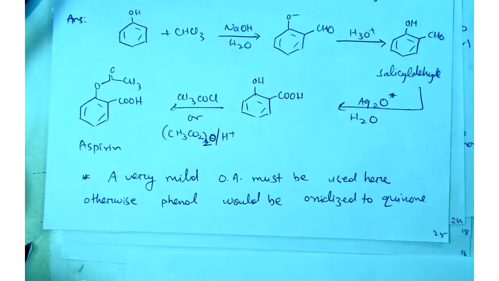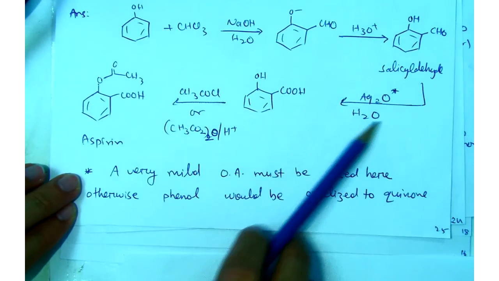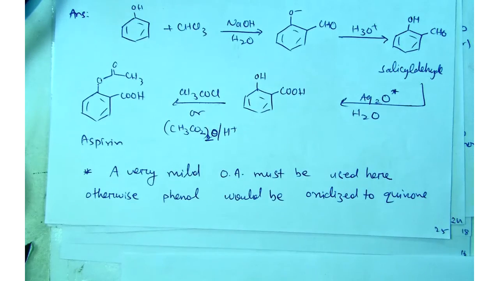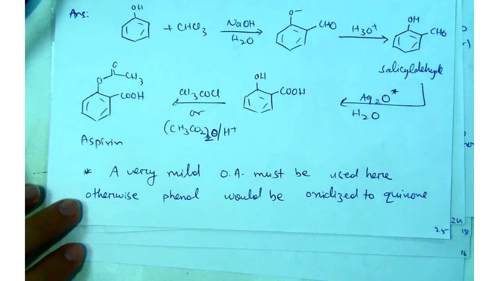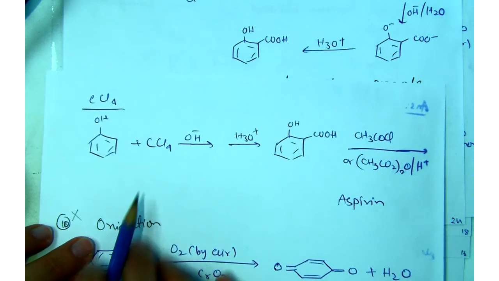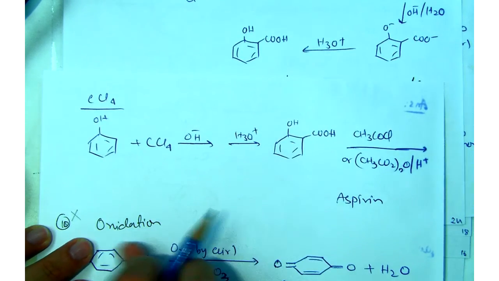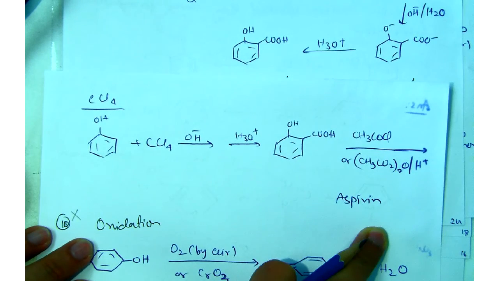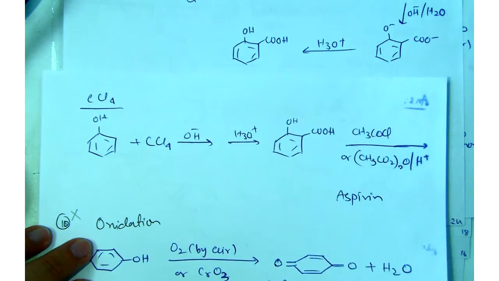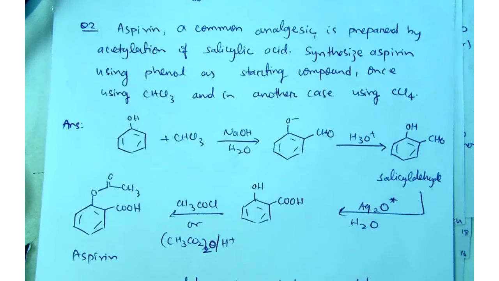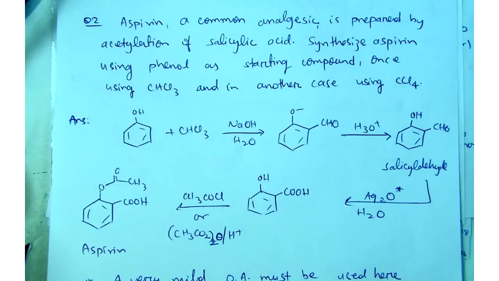So CHCl3 and CCl4 will directly give you this, and then you do acetylation on the OH group. Okay, so that is it about phenols.